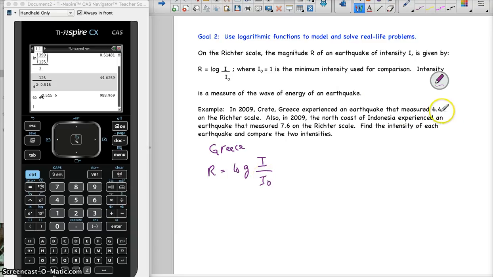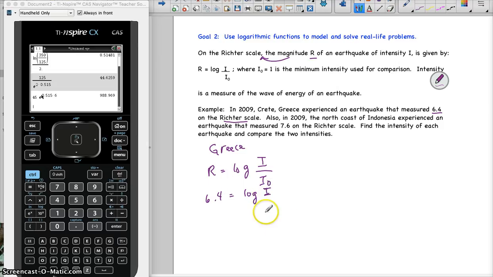All right, so we were told that Greece experienced an earthquake that measured 6.4 on the Richter scale. We're told that R is the magnitude of an earthquake on the Richter scale. So 6.4 is equal to the log of the intensity divided by 1. We don't have to put that over 1.